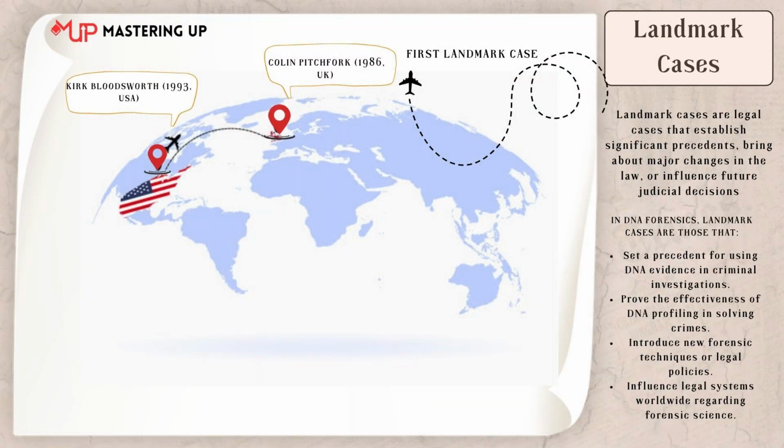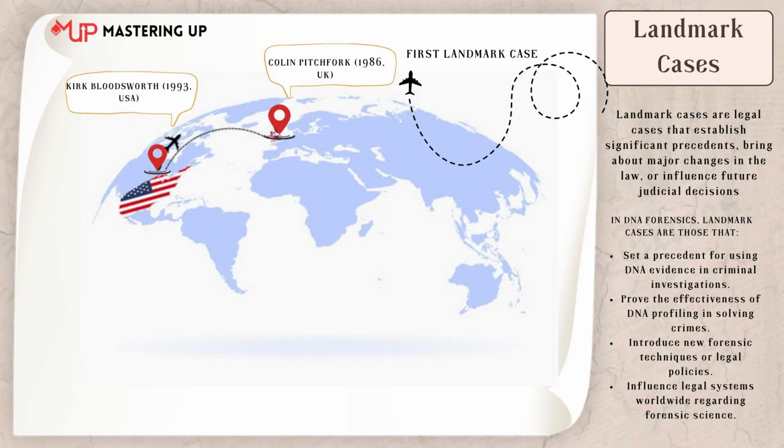What do you mean by the term landmark cases? Landmark cases are important legal cases that set new rules, bring big changes to the law, or influence future court decisions. These cases often involve new ideas, new technology, or changing views in society.